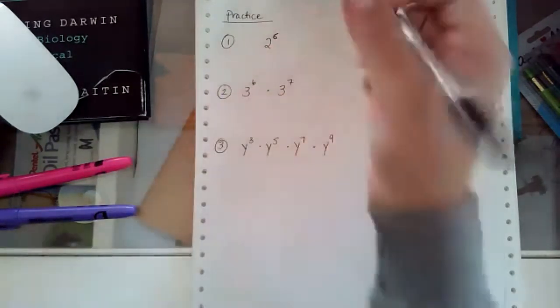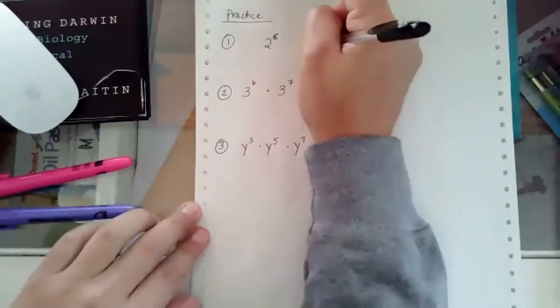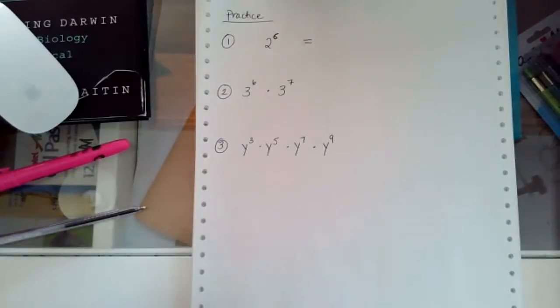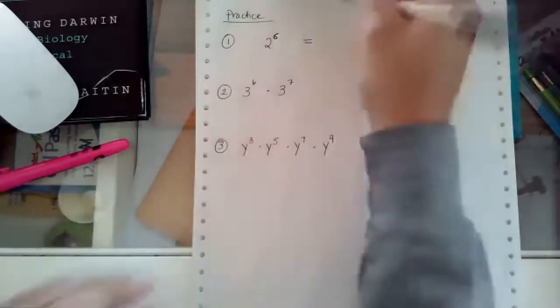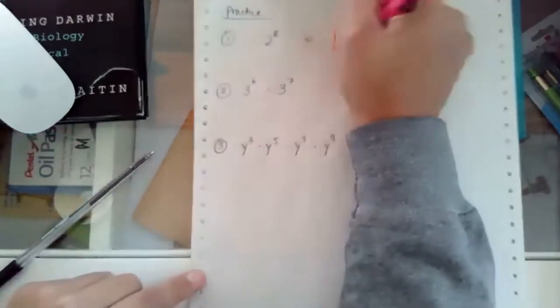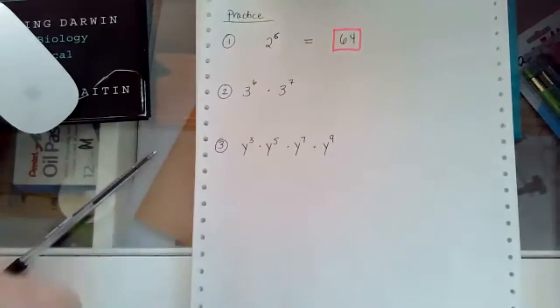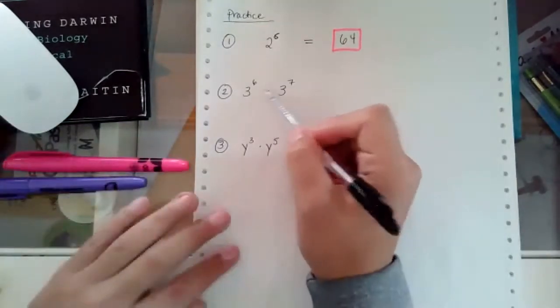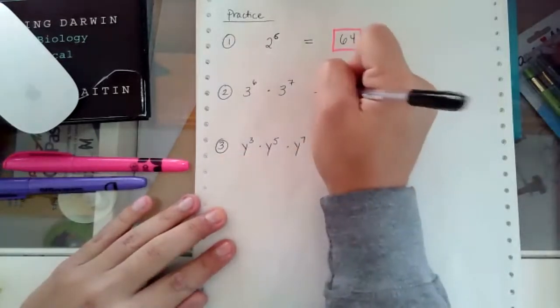So what is 2 to the 6th power? 64. Yeah. 2 to the 5th is 32. So if we multiply that by another 2, we should get 64. And that's as easy as throwing that into the calculator if we're just not feeling it. What about this one? How can we simplify this into a single exponent expression?